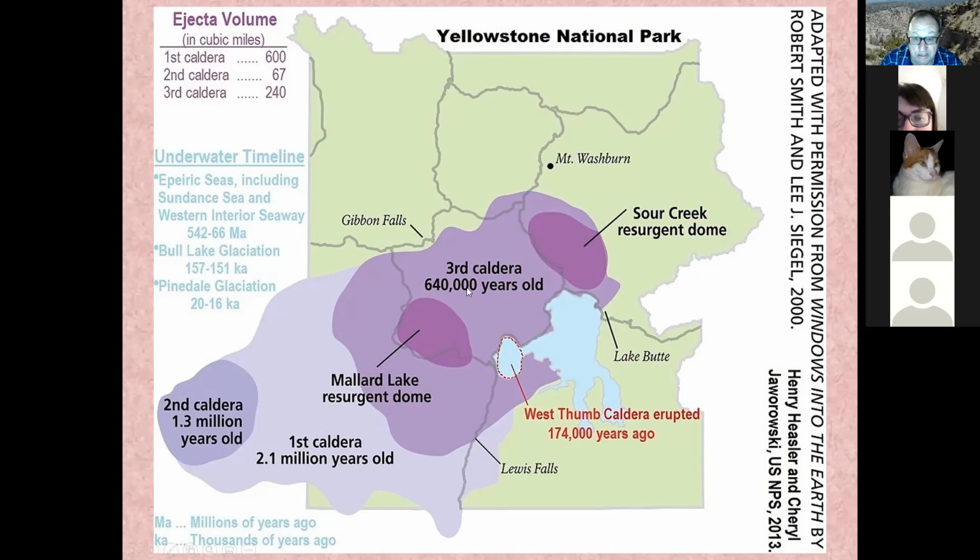The third caldera is 640,000 years old, and actually, it's kind of predicted that Yellowstone is going to have another eruption soon in geologic time. I'm not going to give you how long out we're talking about. We don't really know for sure, but within recent geologic time, it can happen.